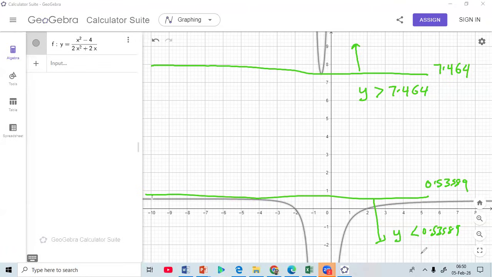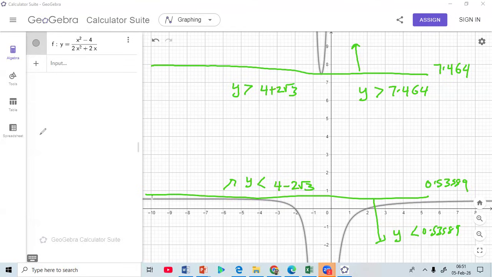Now from the chart, your range is going to be y greater than 4 plus 2 root 3. Then for the down one, y less than 4 minus 2 root 3.